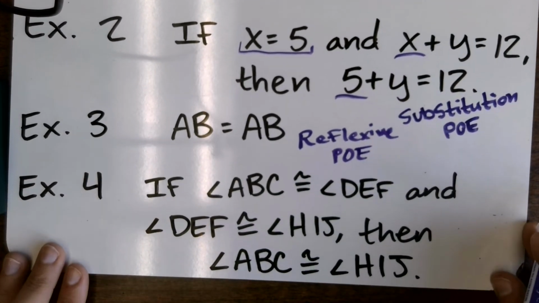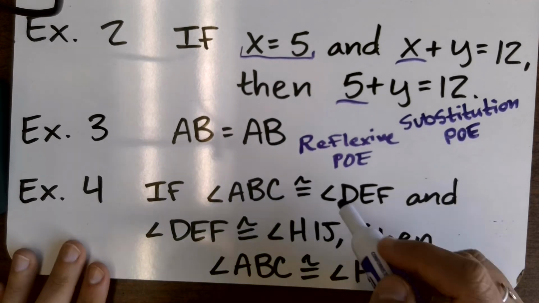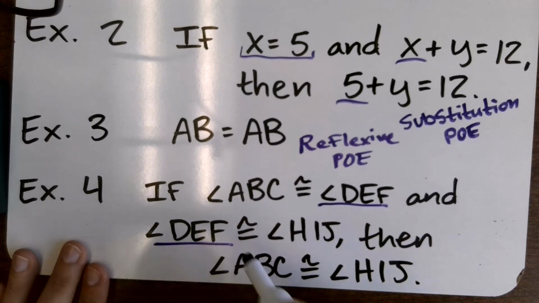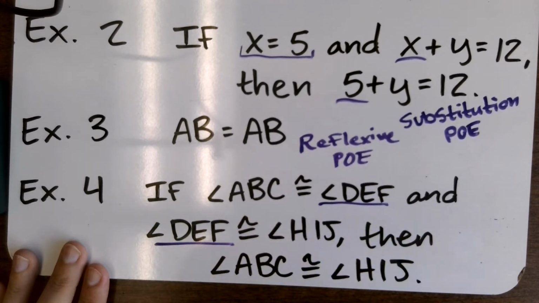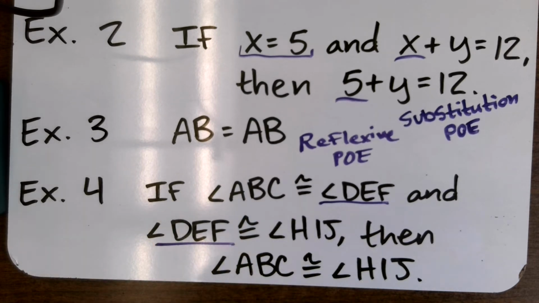And then our last example, if angle ABC is congruent to angle DEF, and angle DEF is congruent to angle HIJ, then angle ABC is congruent to angle HIJ. So a lot going on in this one, but we might notice, just like that law of syllogism, we have that angle DEF repeated, and then we're cutting out that middleman and going straight from angle ABC being congruent to angle HIJ.